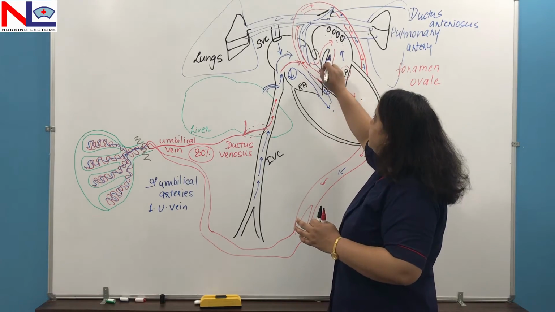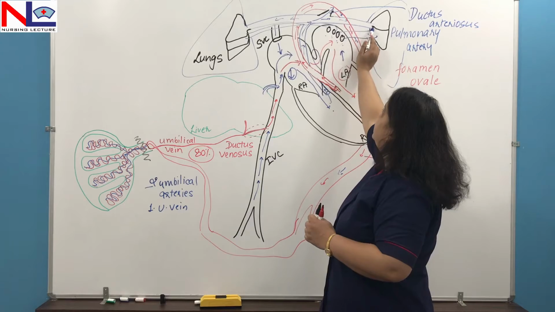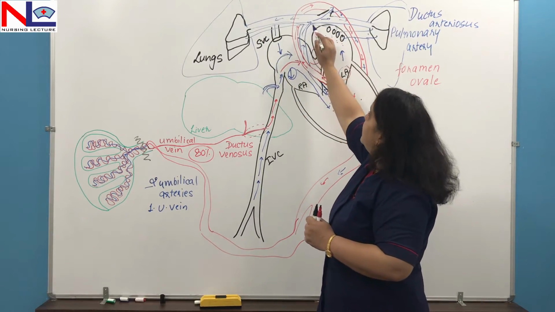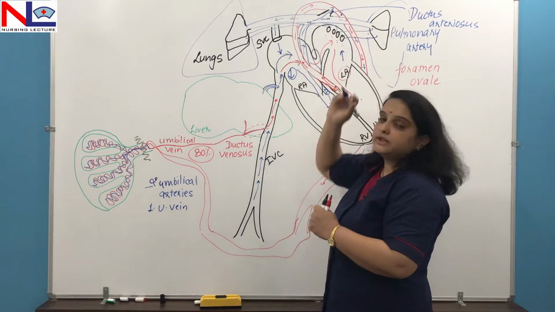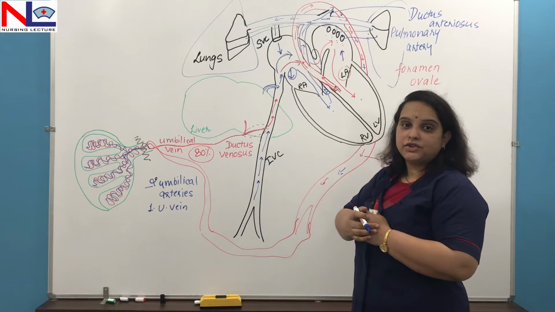So the resistance is decreasing, and the whole of the blood goes directly into the lungs. Now it is not going through the shunt, it goes directly into the lungs for the exchange.